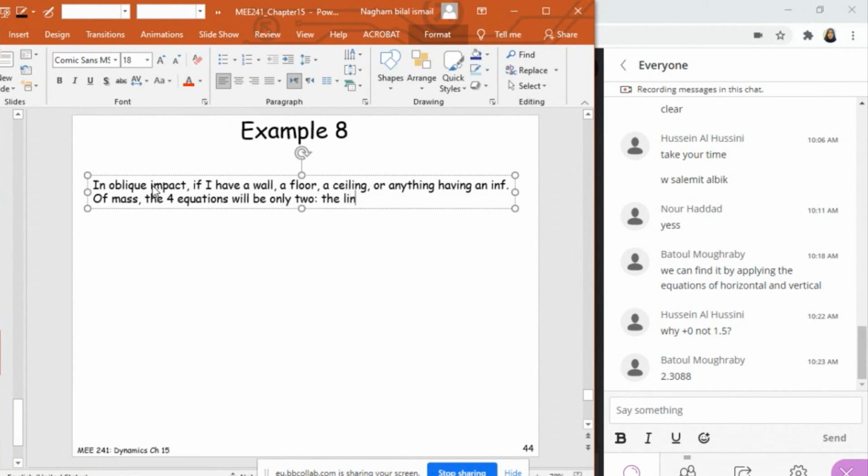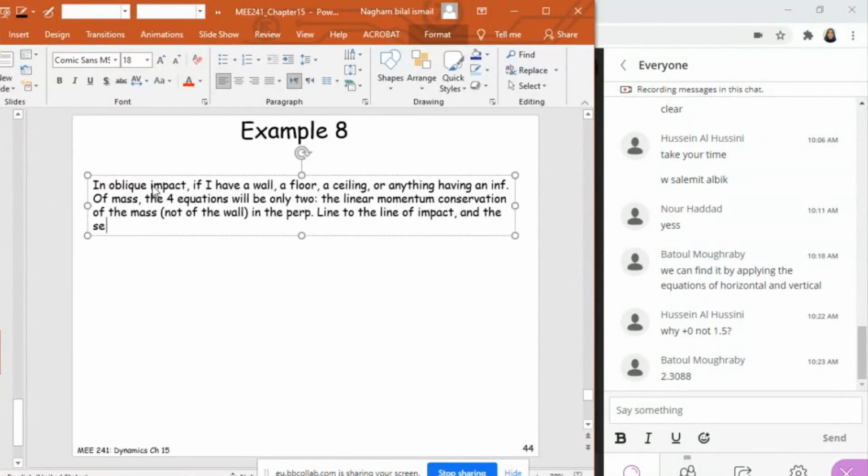First one will be the linear momentum conservation of the mass and not of the wall in the perpendicular line, the line of impact, of course, and the second equation will be the coefficient of restitution along the line of impact.